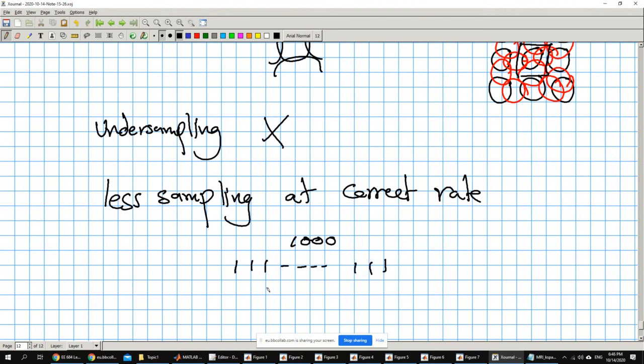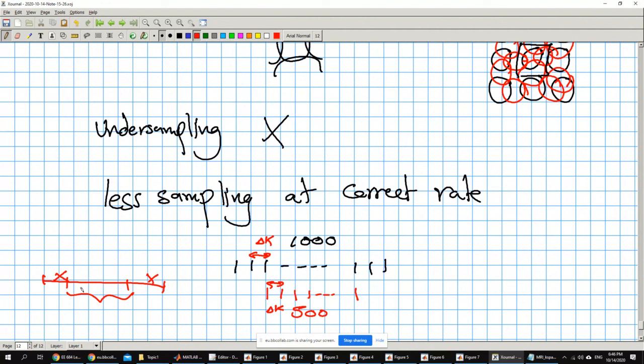I keep doing that, but instead of starting from here, I start from here. So I take 500 points, but this delta K is exactly the same as this delta K. This means that if I wanted to try that, I'll just take my line and remove some points and see what comes out when I take only the middle part.